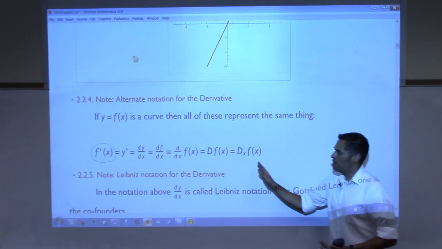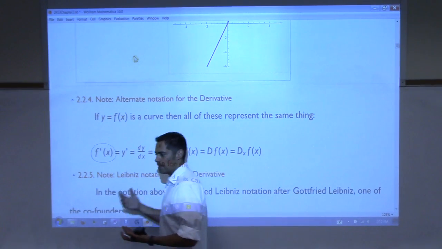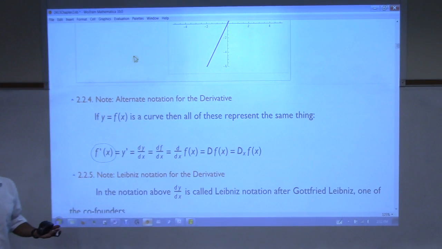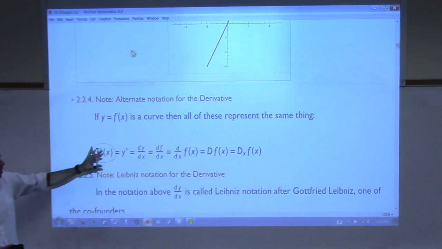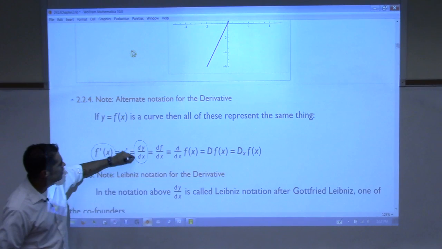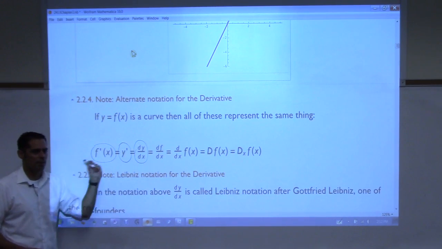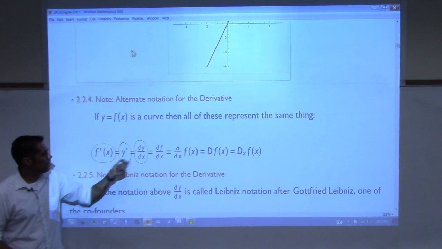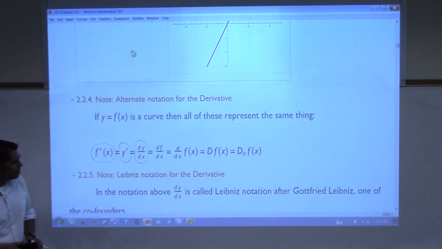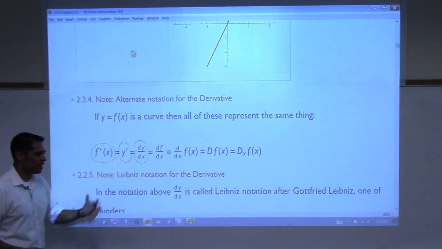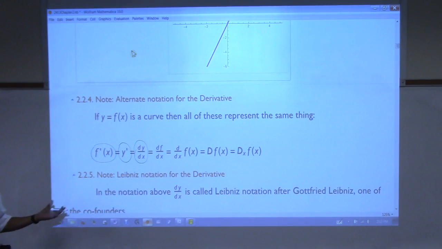And a lot of the reason why there's different notations is because the calculus was developed by two different people, and they used their own notation for what they were doing. And so we have these two notations. I've circled the three that are most commonly used here. When you see this notation, that was Leibniz. Gottfried Leibniz was the other father of calculus, Newton being the other.